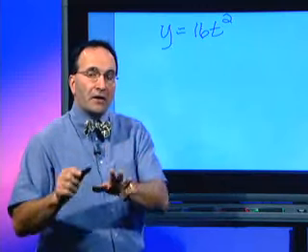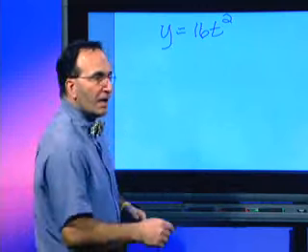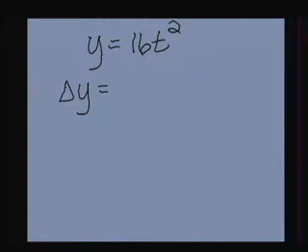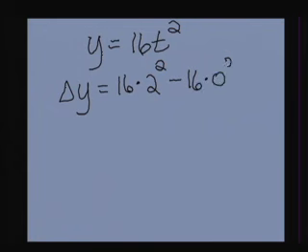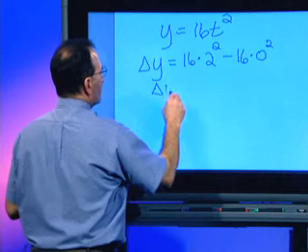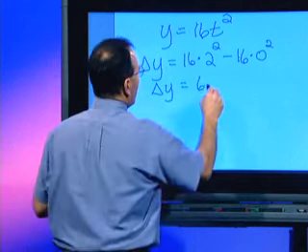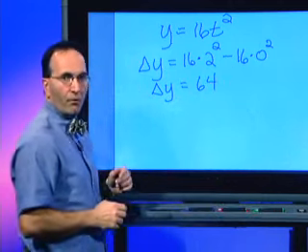Delta y would be equal to 16 times 2 squared minus 16 times 0 squared. So delta y is going to equal 16 times 4, or in other words, 64.